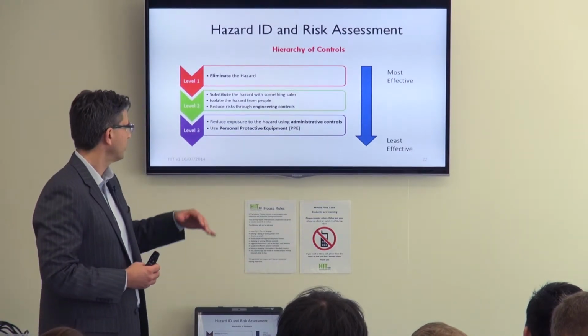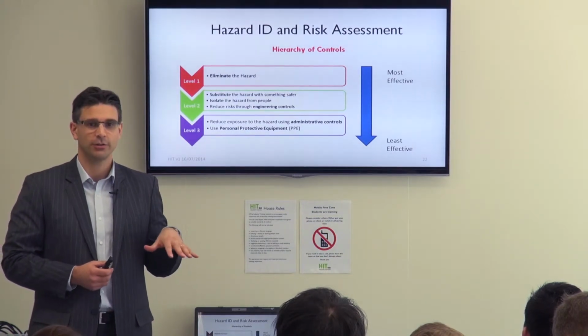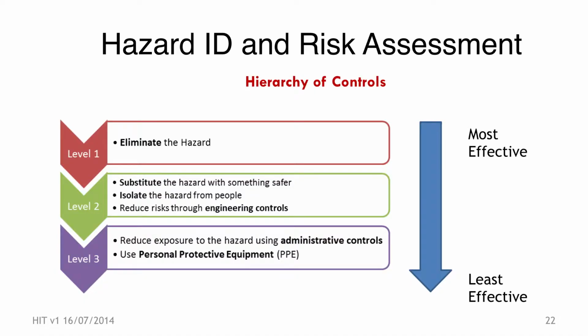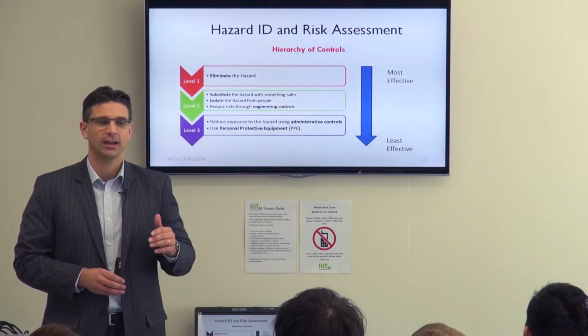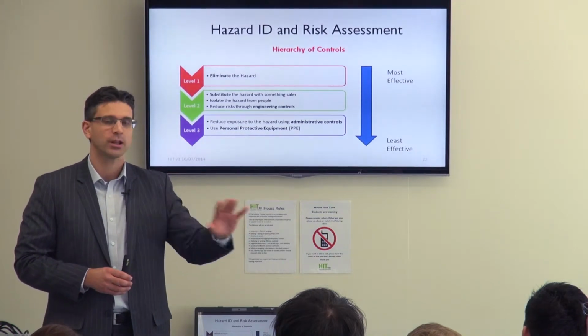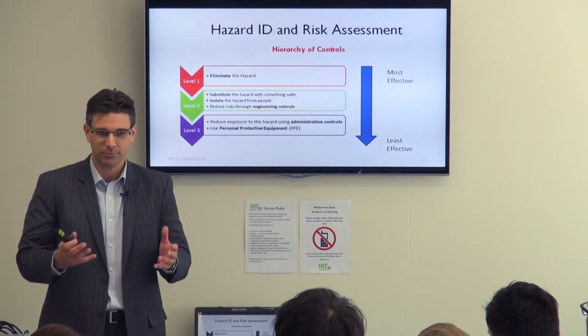And then we move down to the lowest level, the least effective but still measures that are often undertaken to try and reduce a hazard. That includes administrative controls and personal protective equipment. So basically, as a last resort, if we can't eliminate it or substitute it or put any engineering controls in place, at the very least we need to have some admin controls.